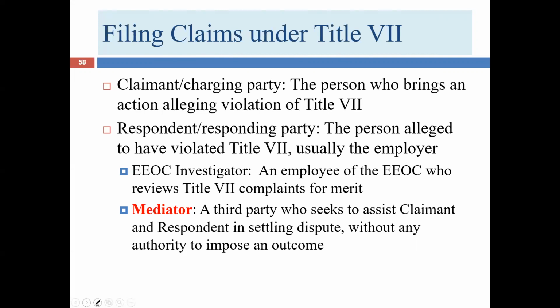The mediation process in the EEOC is free. I hate to be jaded here when I say this, but you get what you pay for. I've never had a mediation through the EEOC that was the type that was likely to be successful. Part of it is because it's free. When something's free, people who are participating in it may not take it as seriously.